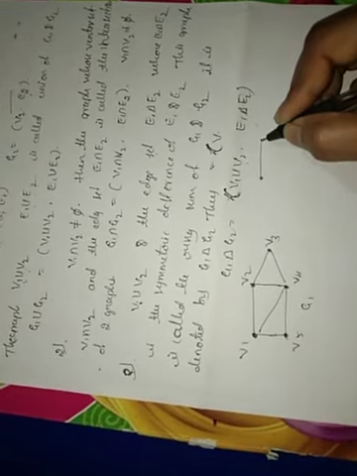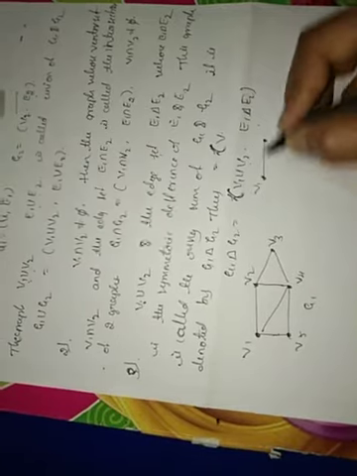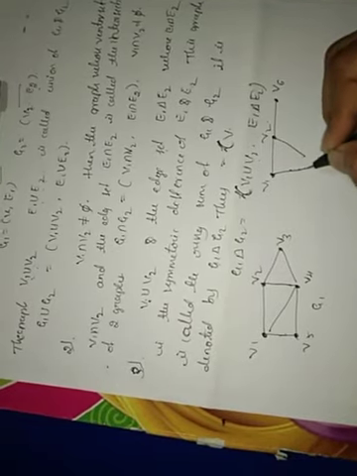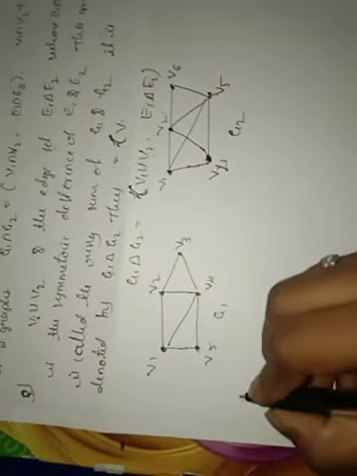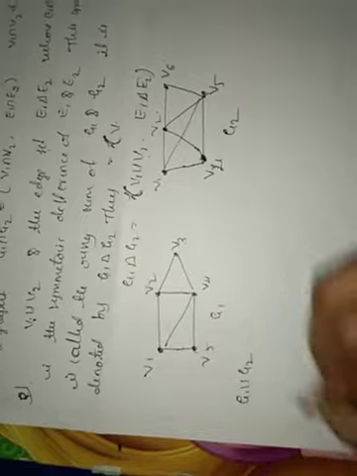Consider one more graph with V1, V2, V6, V3, V4 and V5. Consider the two graphs G1 and G2 here. So I am first doing the first operation, that is G1 union G2.